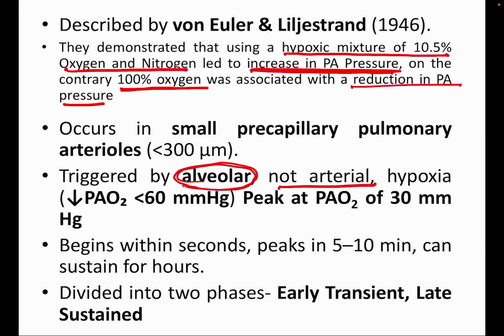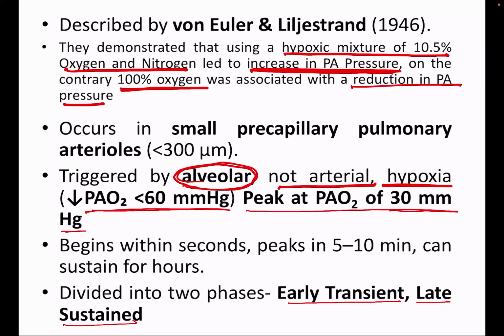So when hypoxia occurs, that is, there is less oxygen inside the alveolus, it is usually triggered at an alveolar oxygen tension of less than 60 millimeters of mercury and peaks at 30 millimeters of mercury. It begins within seconds, peaks in 5 to 10 minutes, and can sustain for hours. It is divided into two phases: the early transient phase and the late sustained phase. I'll discuss this later.